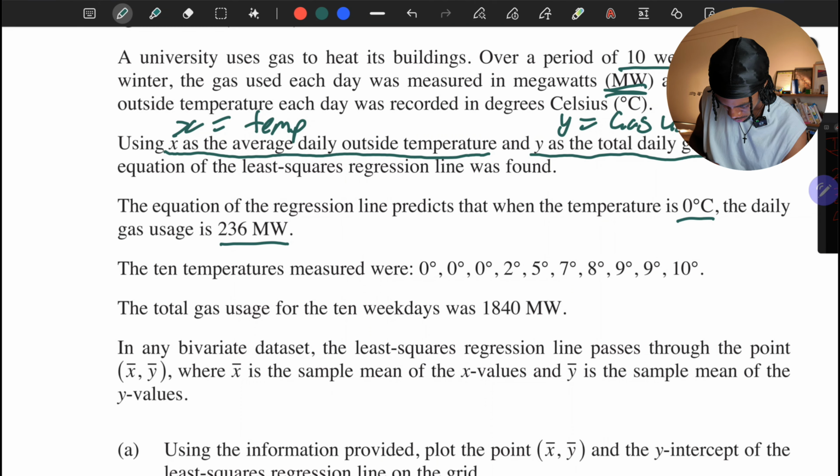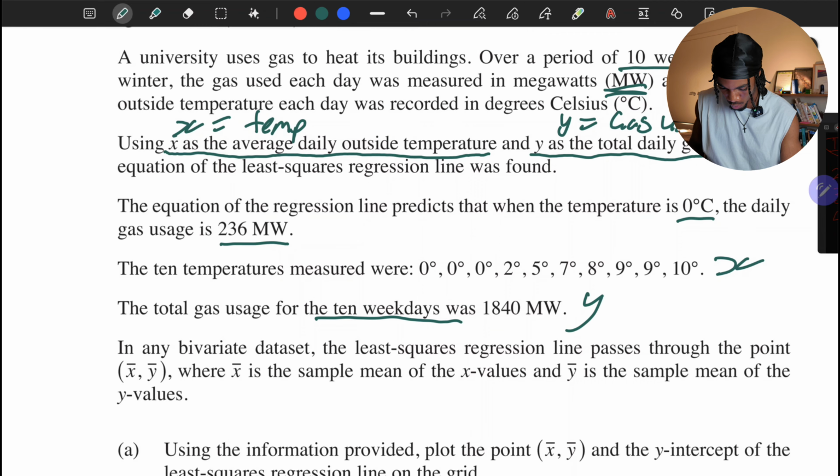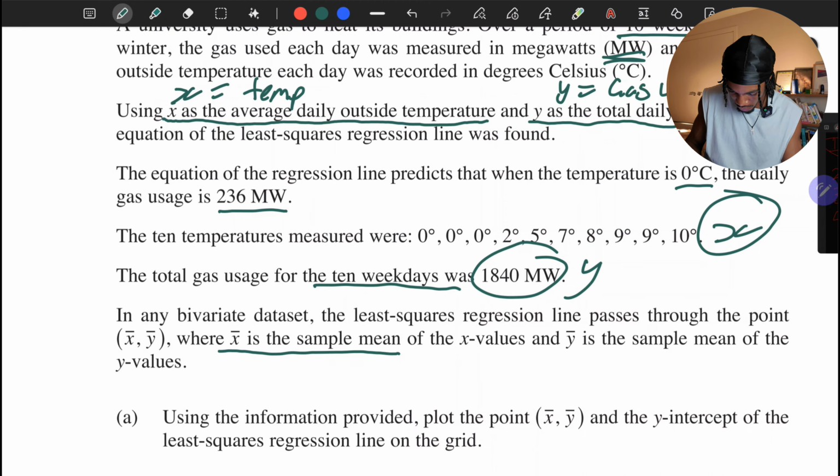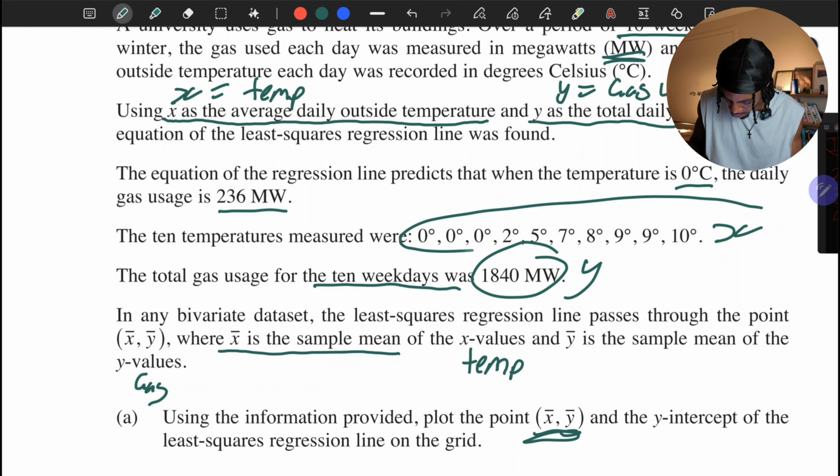So we've got a whole lot of values here for our temperature, which is X, and gas usage for 10 weekdays, which is Y. So in a bivariate scatter plot, it goes through x̄, ȳ, where x̄ is the sample mean of the temperature values, and ȳ is the sample mean of the Y values, the gas usage.